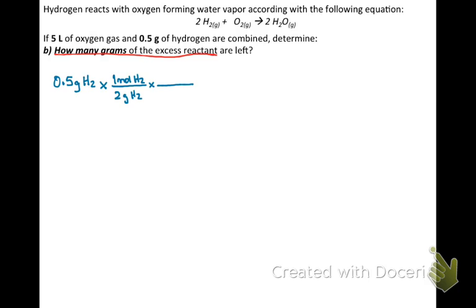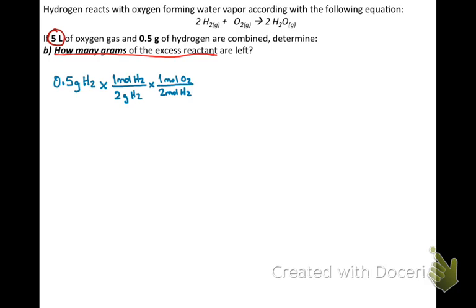Remember that we have 2 moles of hydrogen reacting with 1 mole of oxygen. And here I can do more than 2 things, but let's do the 2 more possible things to be done by you.